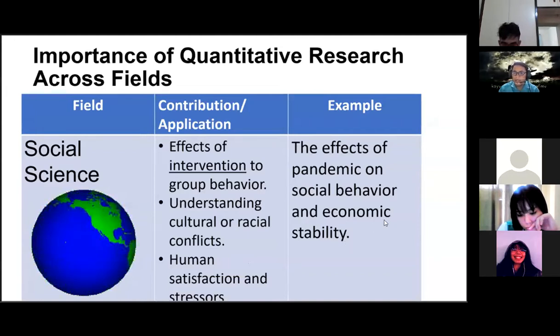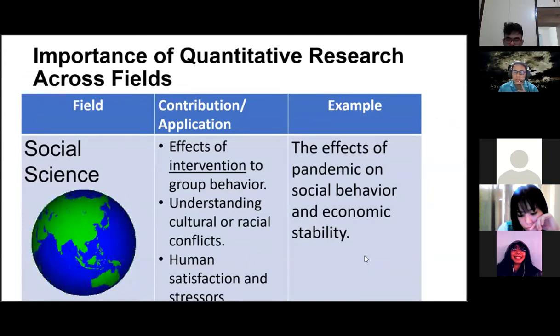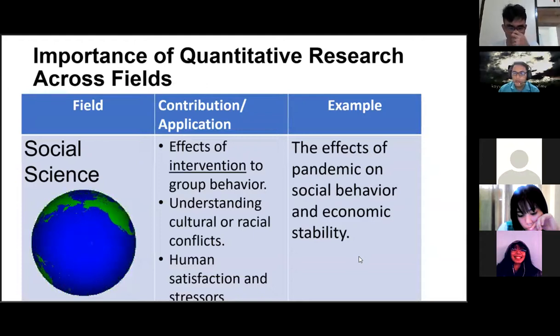That is an example of a research that has something to do with social science. That's why quantitative research plays a vital role and is beneficial in the field of social science.